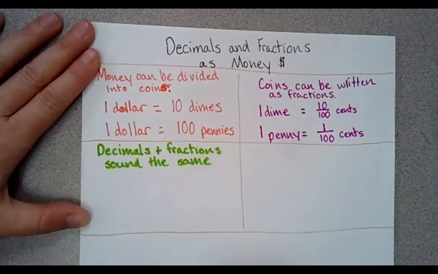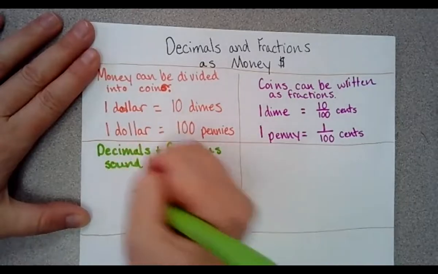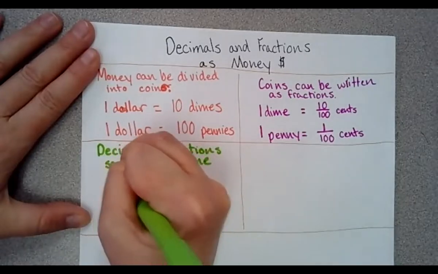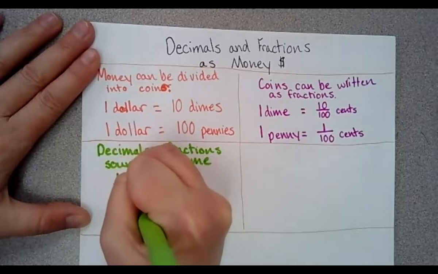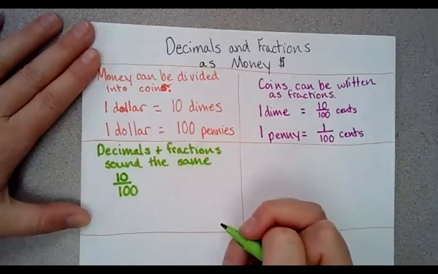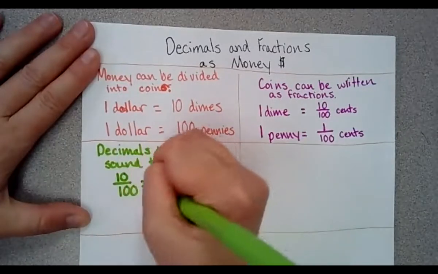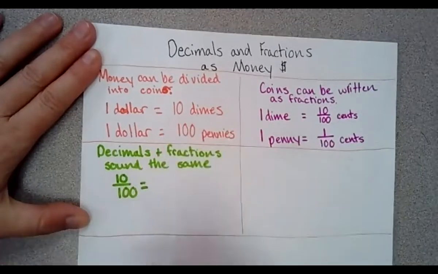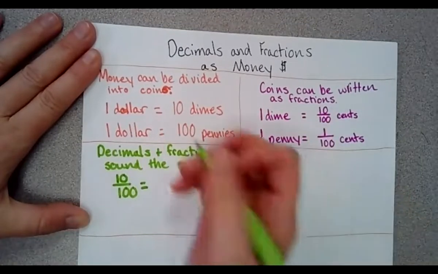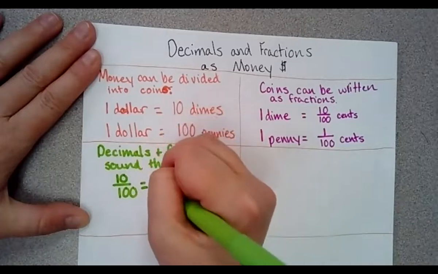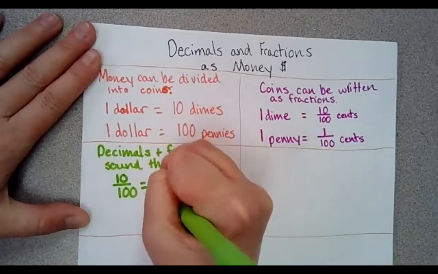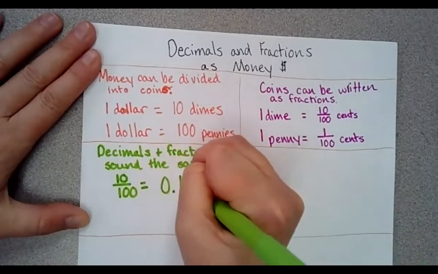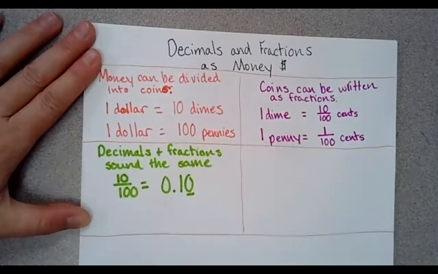That means if you say 10 hundredths, that is equal to, if you put a 10 in the hundredths place, 10 hundredths is equal to 10 hundredths.